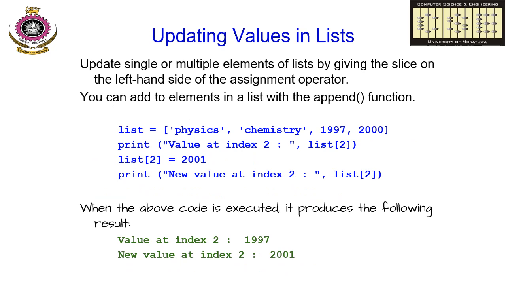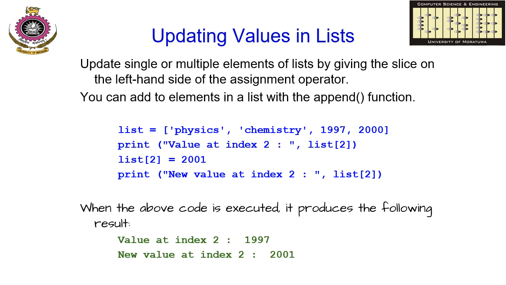Now we look at another operation, updating values in lists. So far we looked at accessing values and the slicing operation. We can also update values. This also refers to the mutability principle. In other words, lists in Python are mutable, so you can change or update the values in a list.